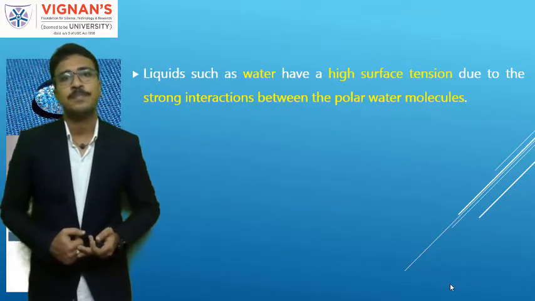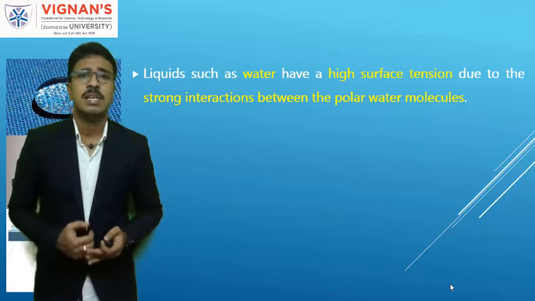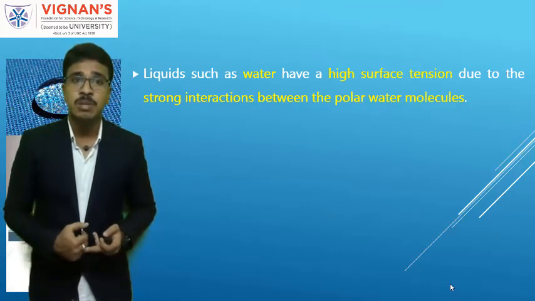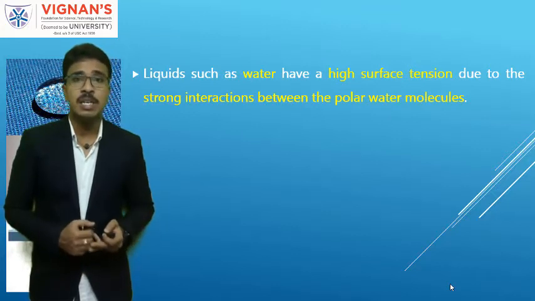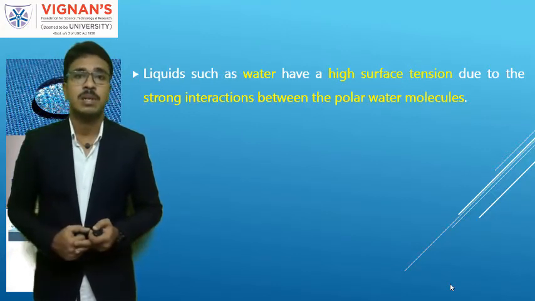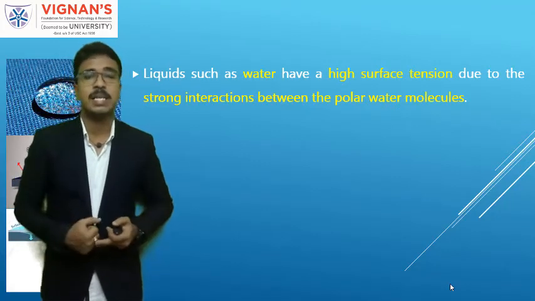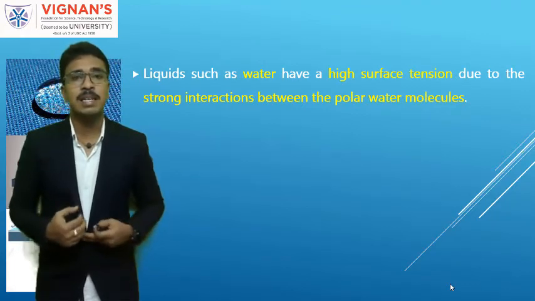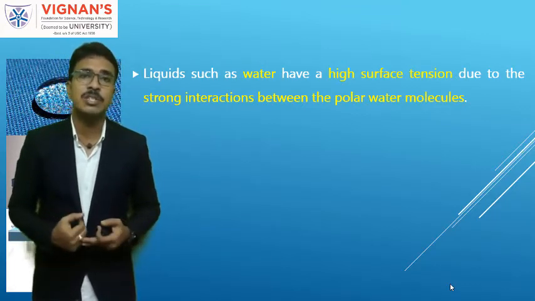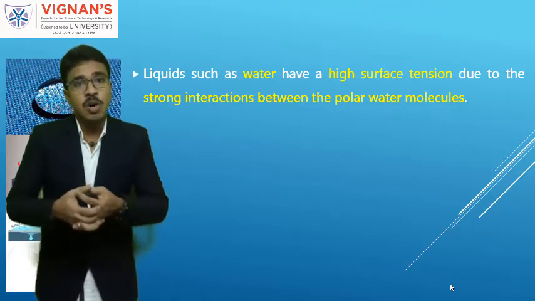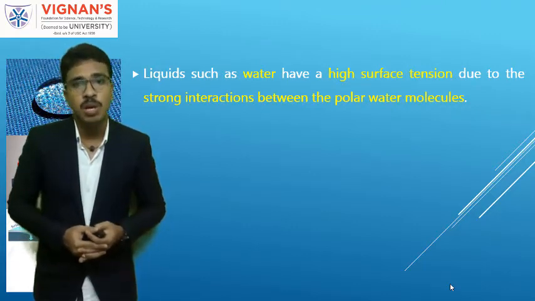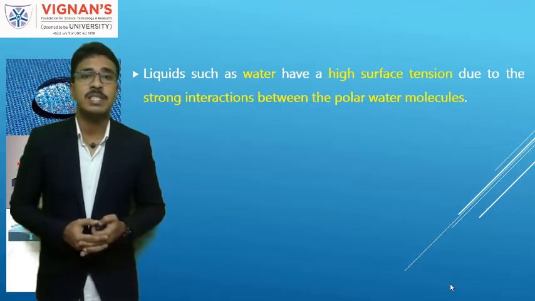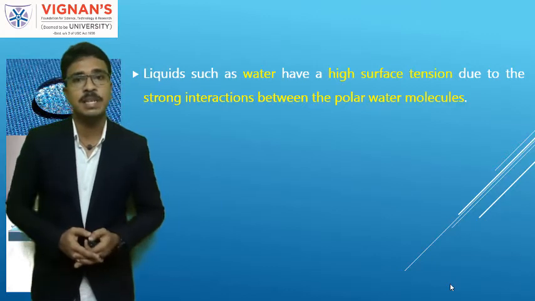Now when it comes to liquids such as water, they have a high surface tension due to the strong interactions between the polar water molecules. Why is this high surface tension there? Because of the strong interactions between the polar water molecules. That's why water always has high surface tension, about 72 dynes per centimeter.